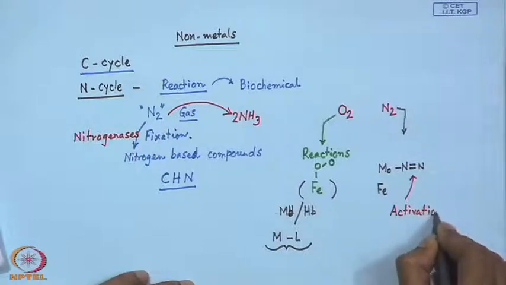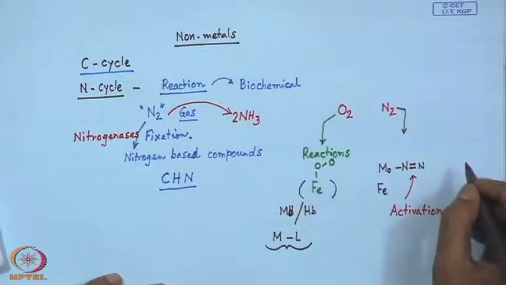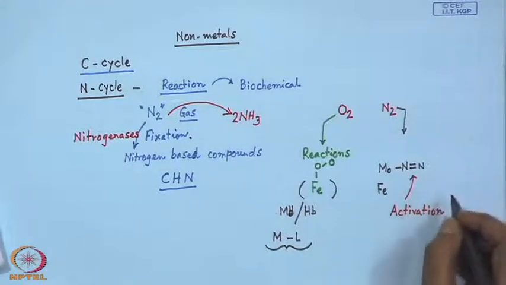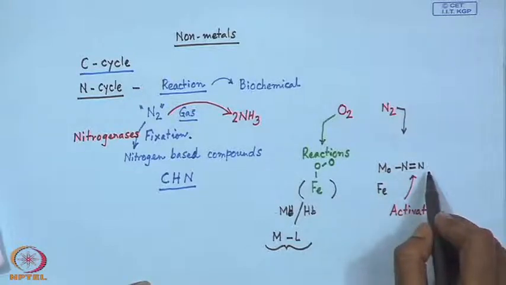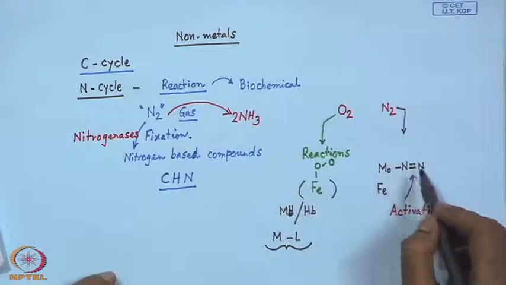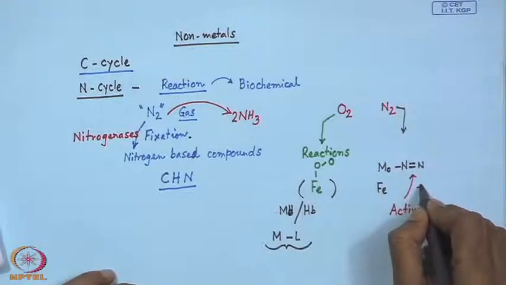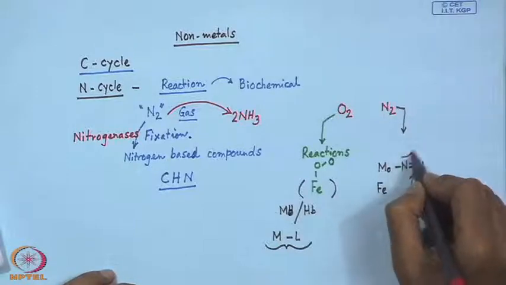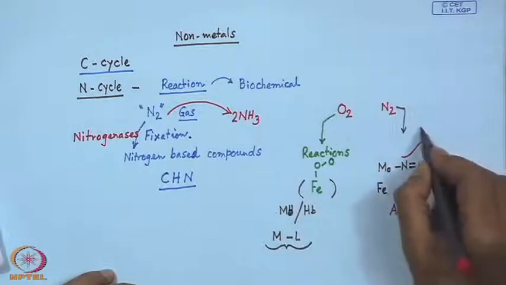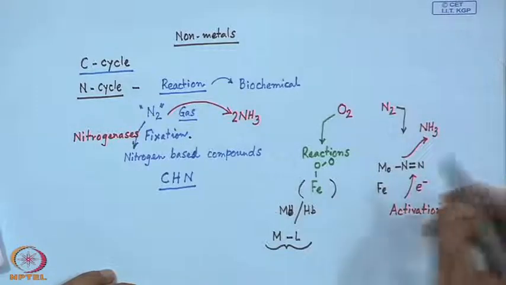So, the first step for that is the corresponding activation, and if we can go for the activation, if we can reduce the bond order between the two nitrogen atoms, and if some available orbitals are there where we can feed electrons, that means this is a typical reduction reaction to convert this particular dinitrogen to ammonia molecule.